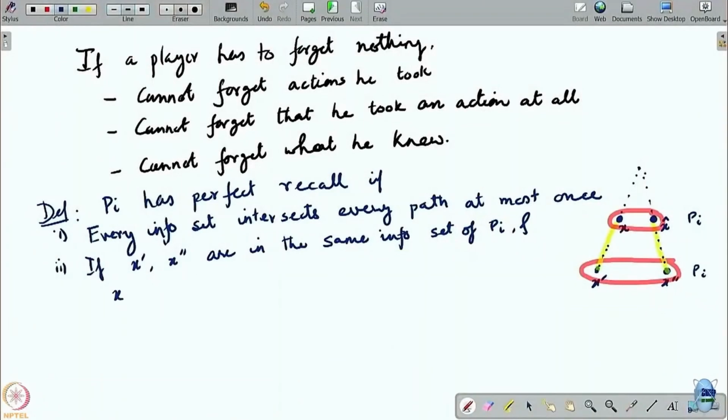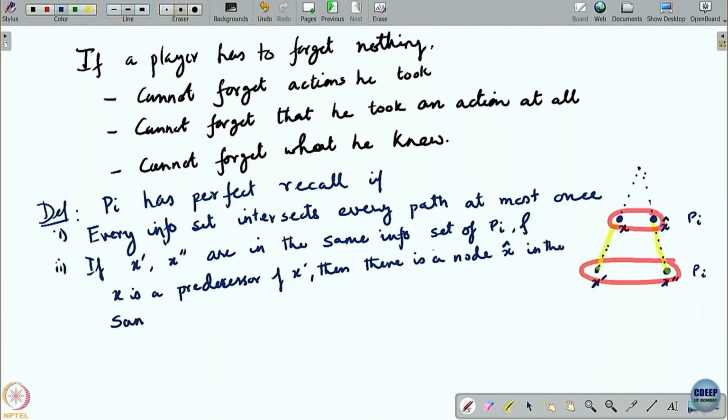So, if x and x dash are in the same information set of Pi and x is a predecessor of x dash, then there is a node x hat in the same information set as x and is a predecessor of x double dash. Okay. So these two guys must be in the same information set.